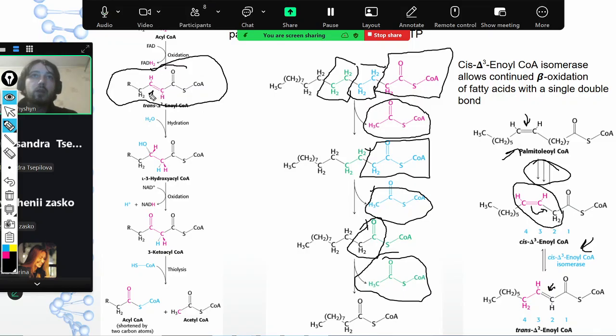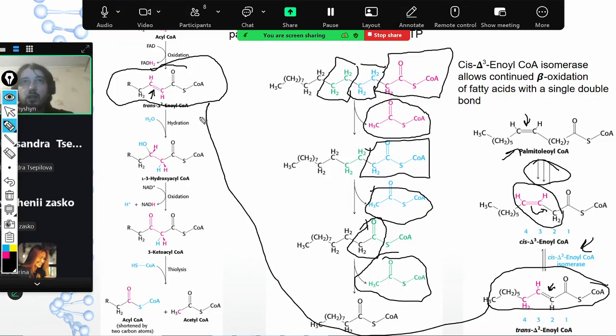We have a double bond here. It's just situated in the right place. So now moving the double bond to here, we have basically recreated this thing.